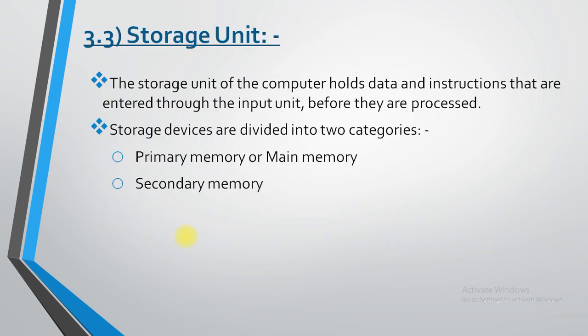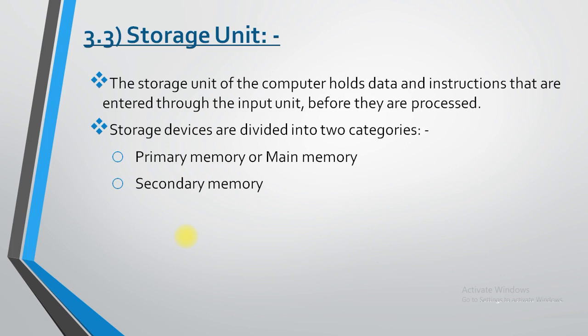Next is the storage unit. Our storage devices are divided into two categories: number one, primary memory or main memory, and second, secondary memory. Any storage unit of a computer is used to hold data and instructions. Hold means store.